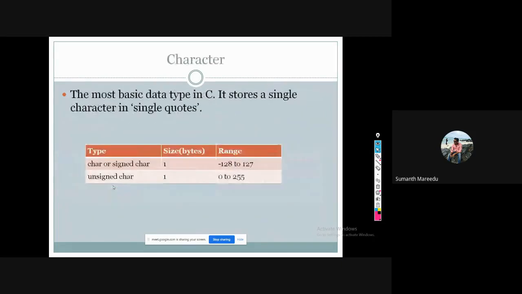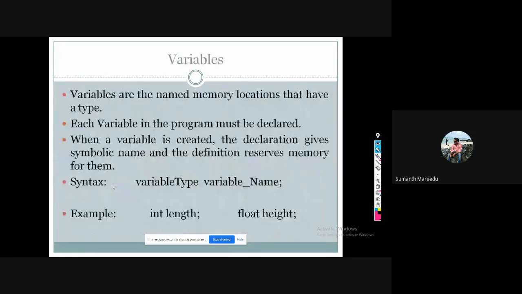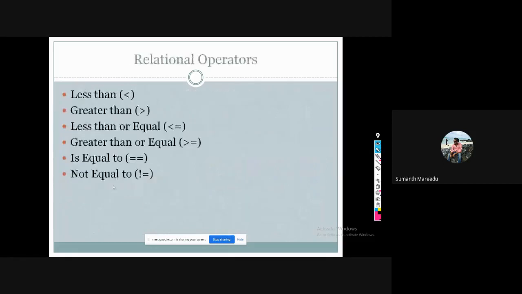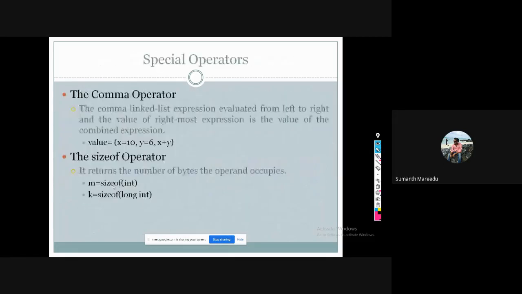So if you are not pretty sure how many bytes got occupied on that system, you can use this sizeof. sizeof is an operator which gives us how many bytes are actually occupied by that data type. See here, you can look at this example: sizeof(int).